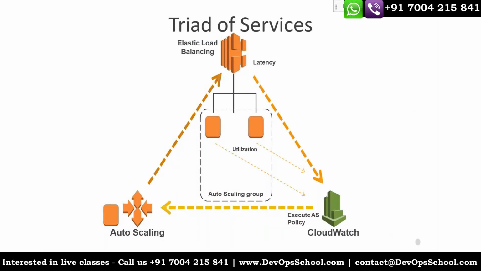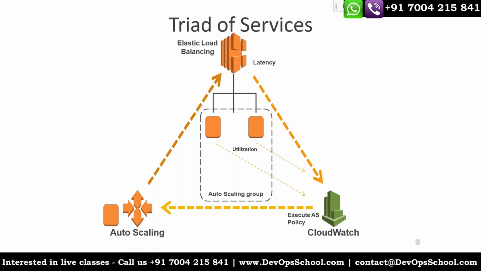Now look at this here. This triad of services has to be used in conjunction. That means these are all interrelated: auto scaling, load balancers, and CloudWatch. All three work in sync. Load balancing requires CloudWatch, and auto scaling also requires CloudWatch.